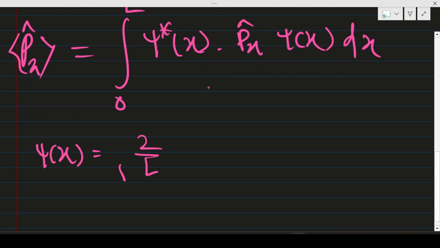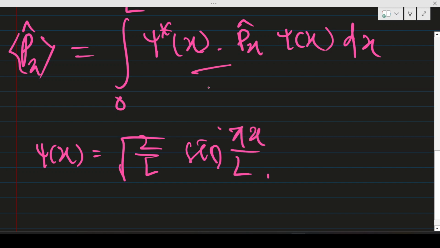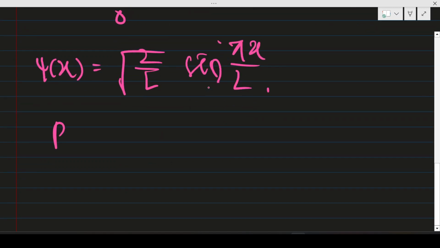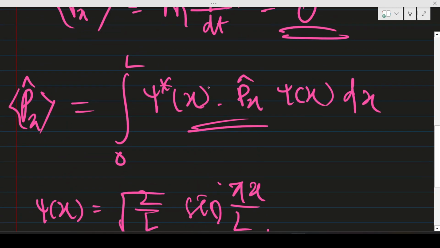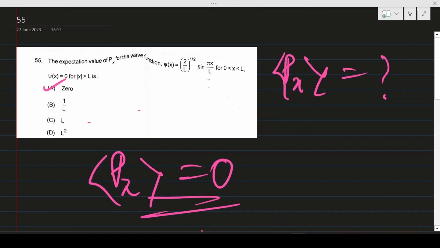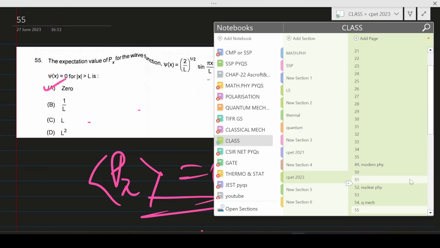Root 2 by L sin pi x by L. Just use this and solve this, where px cap is the operator minus i h cut del by del x. Just use it and solve it. You will get the value as 0. So the answer is 0.